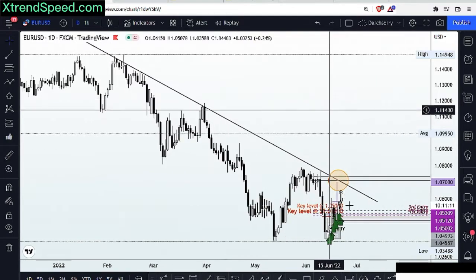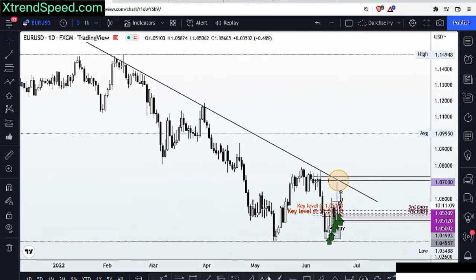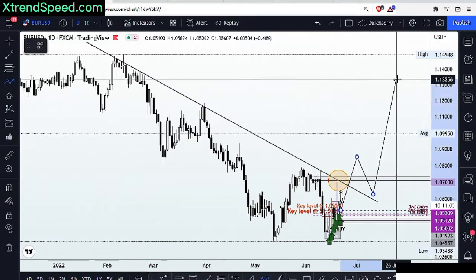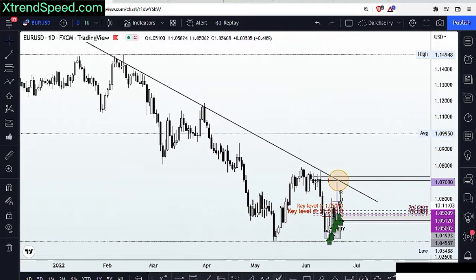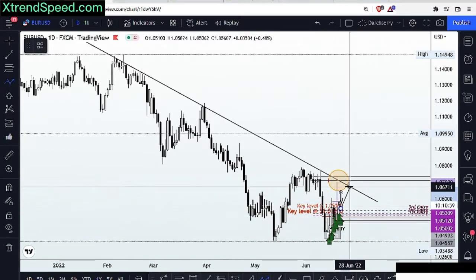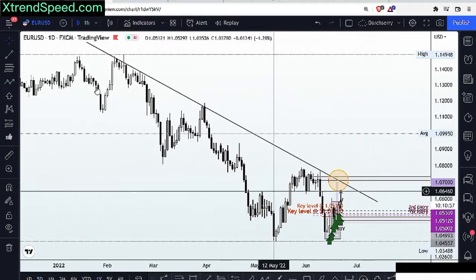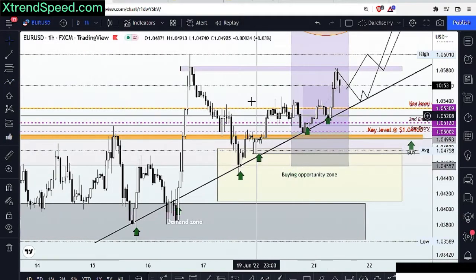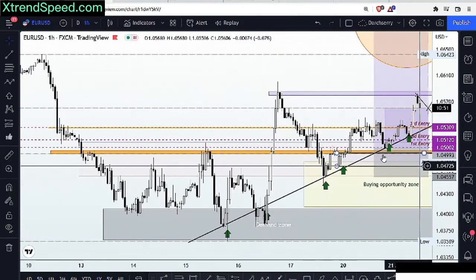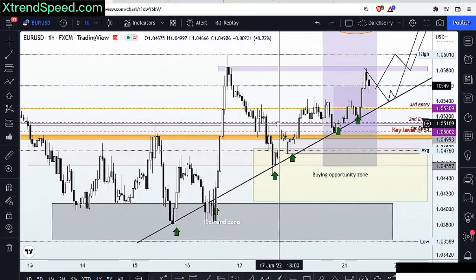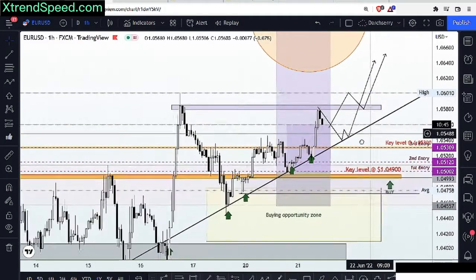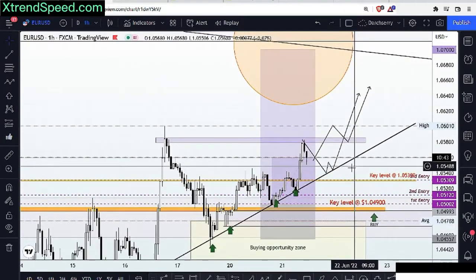I'm of the opinion that price will probably come into the trend line and either break out of it to go to the upside, or retest that trend line and crash down one more time. So this is my perspective here on the Euro USD, and I do hope you'll be on standby to take advantage of that move when our setup finally happens.